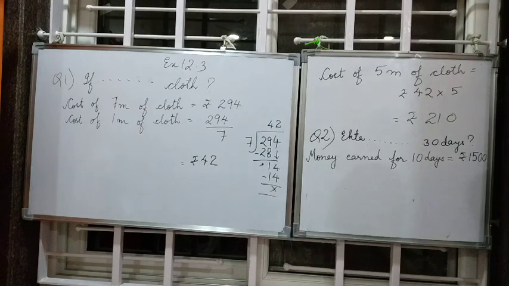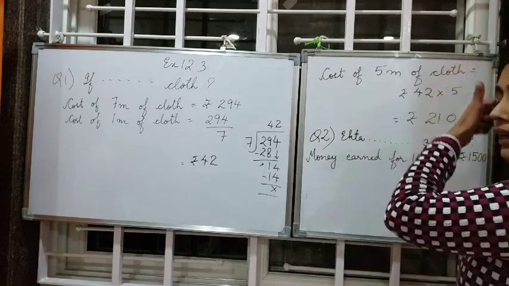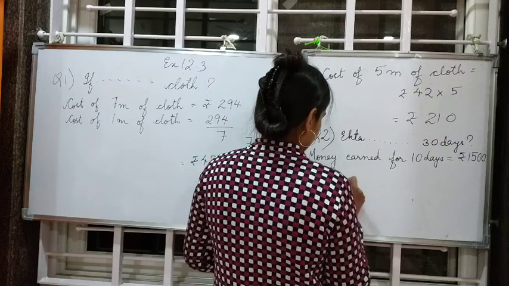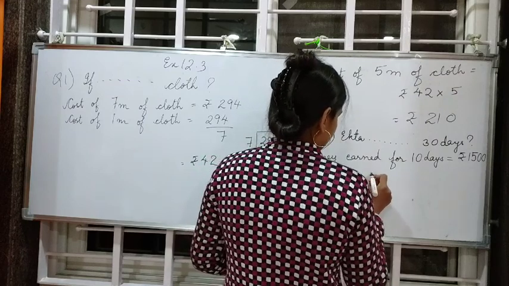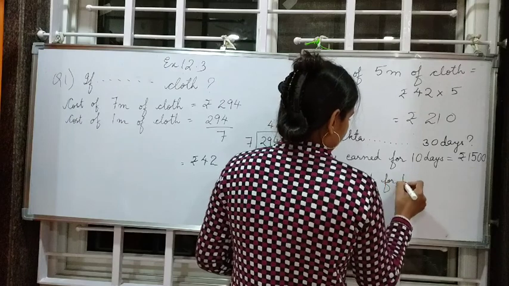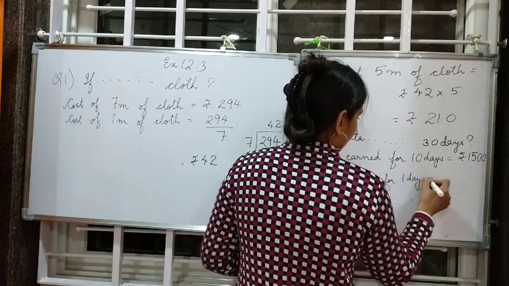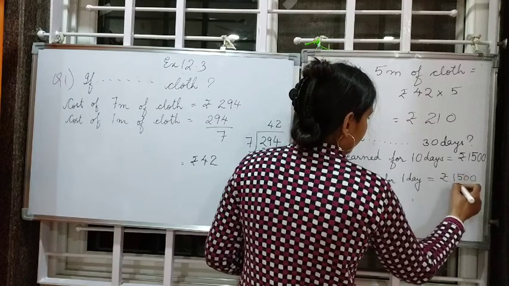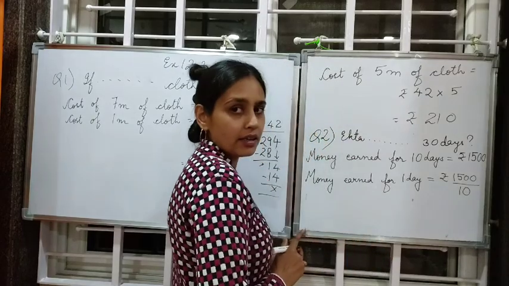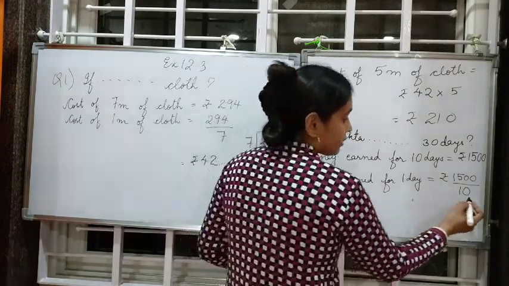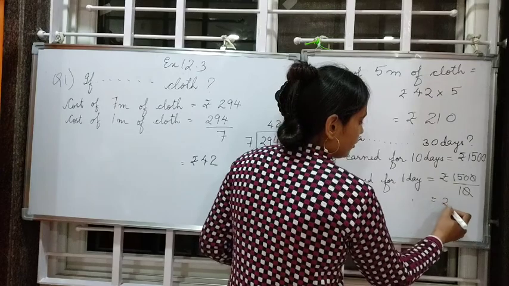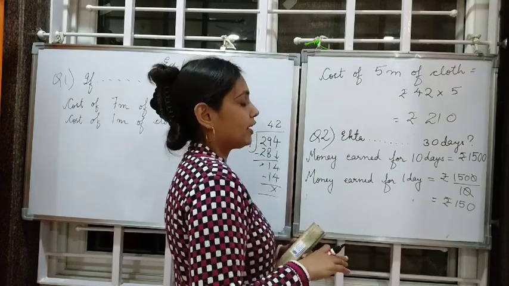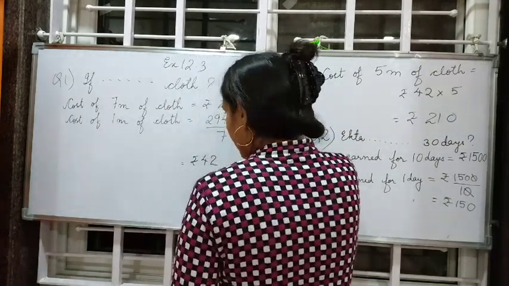So now we'll write money earned for 1 day, that is rupees 1,500 divided by 10. Children, 0 and 0 will get cancelled. So it's rupees 150. Now we have to find for 30 days.